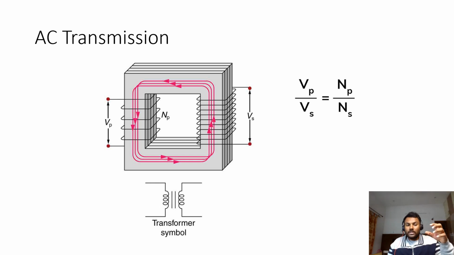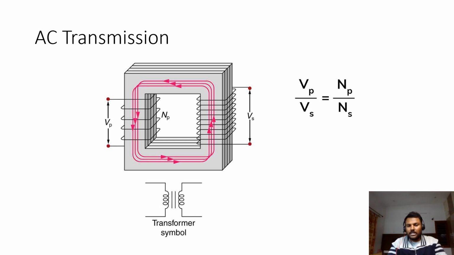Now, at the primary side we are feeding some voltage, but the secondary side winding is very less compared to the windings at the primary side. Then that is step down, meaning the voltage reduces at the secondary side, and we get less voltage compared to VP. This is the transformer functionality. The equation is VP by VS is equal to NP by NS.